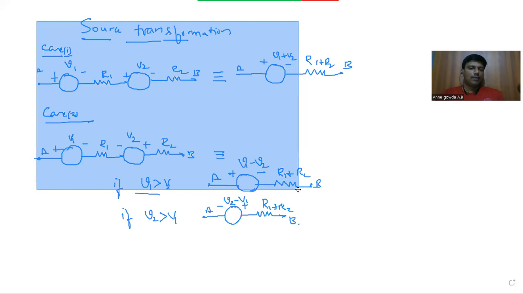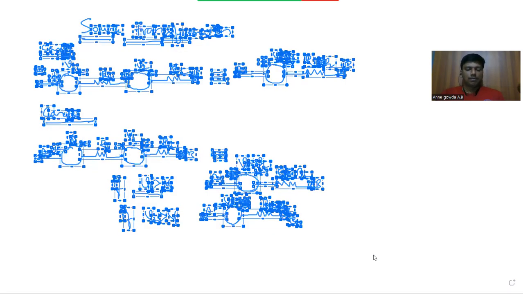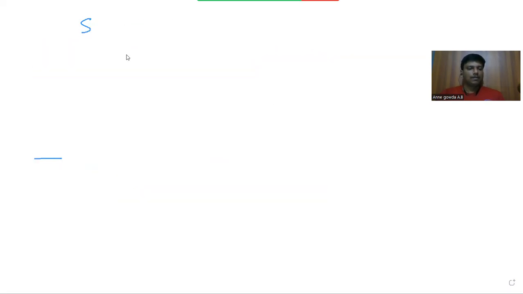Same case, we can go with the same for current sources. If two current sources are connected in parallel, how will you replace those two current sources with a single current source?